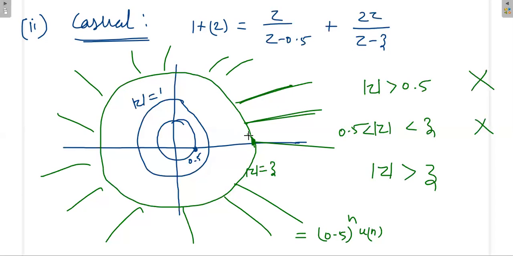With respect to 3 also the ROC is going outside. Here also again a right-sided signal, 2 into 3 power n u of n. Both are right-sided signals, and even from h of n you can verify that. Both are right-sided, so that's why this is a causal system. What about the last one?